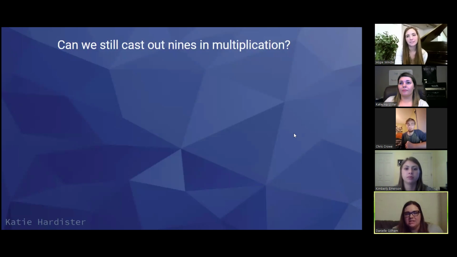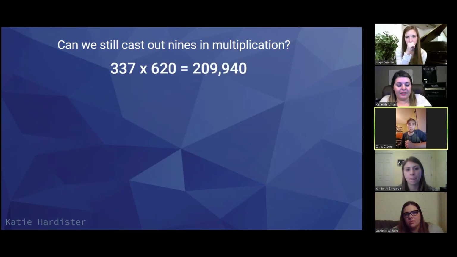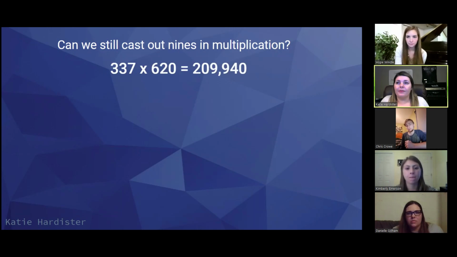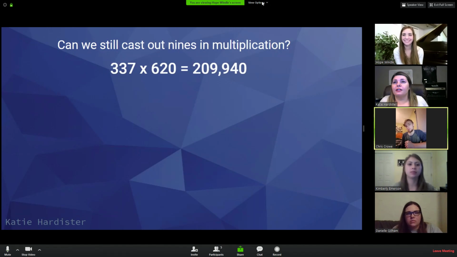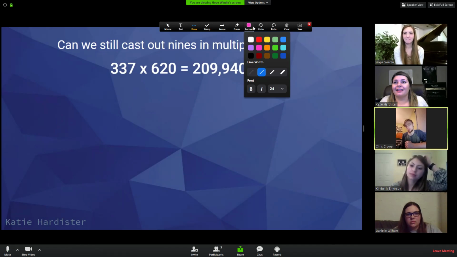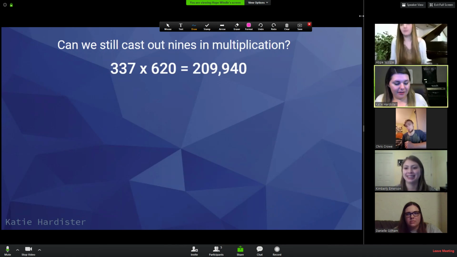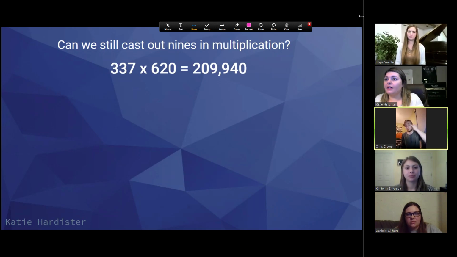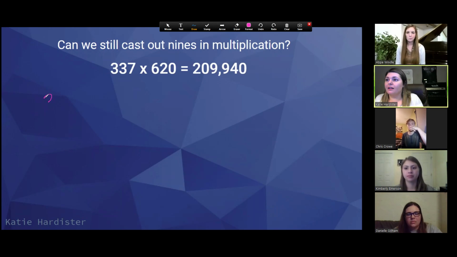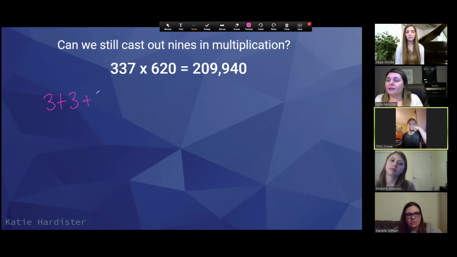Can we still cast out 9s in multiplication? We can. So if we take a look here at this equation, let me get my pen out. Pink's good, right guys? What we're going to do is start by just writing 3 plus 3 plus 7.